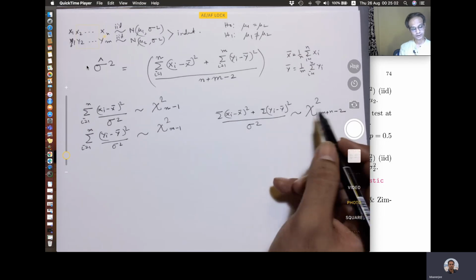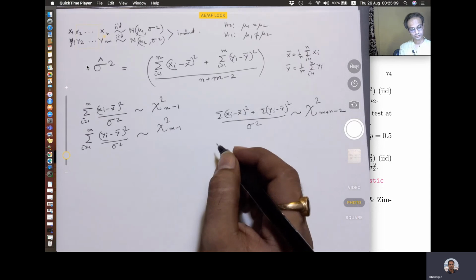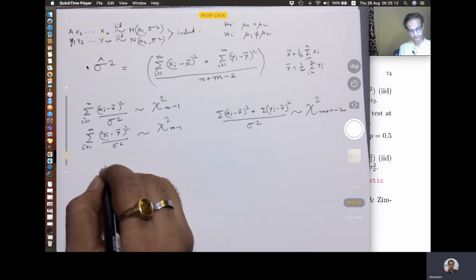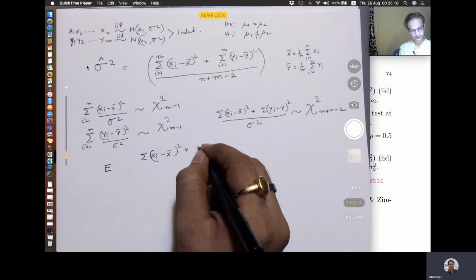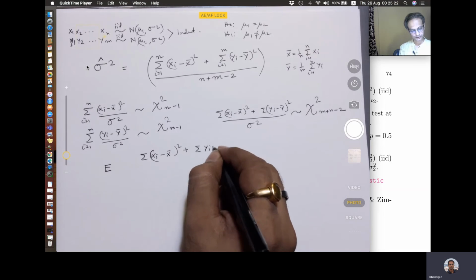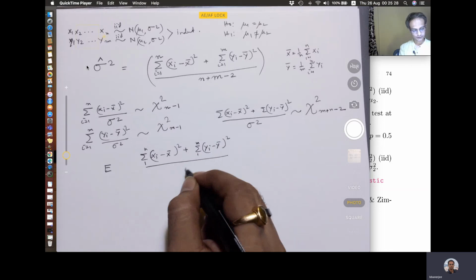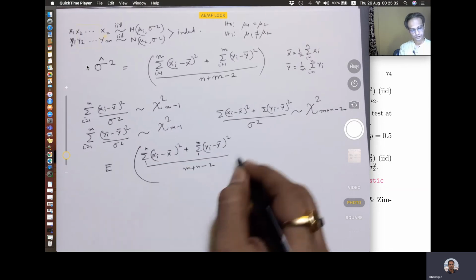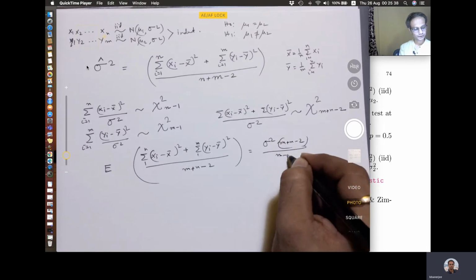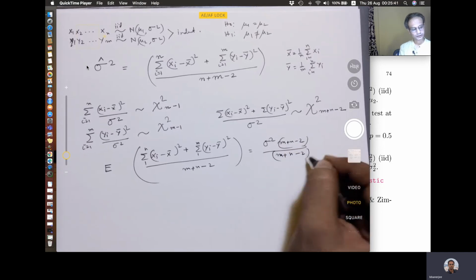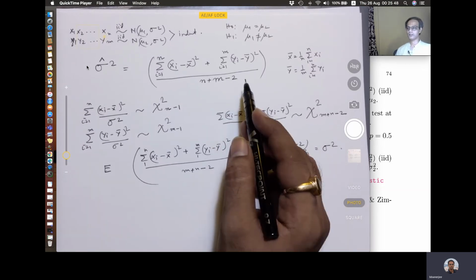So if you take the expectation of sum over xi minus x bar whole square plus sum over yi minus y bar whole square, divided by m plus n minus 2, this quantity is sigma square times (m plus n minus 2) divided by (m plus n minus 2), and that is how this is a legitimate, and not only that, an unbiased estimator.